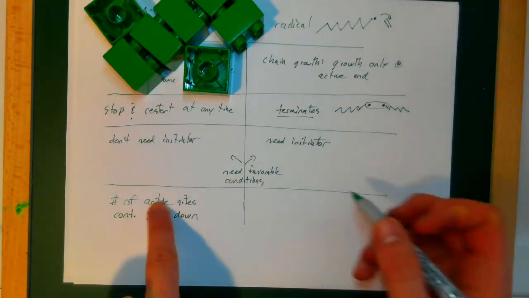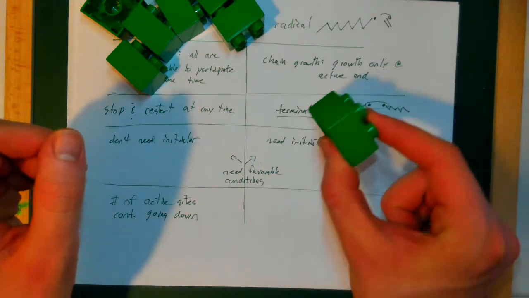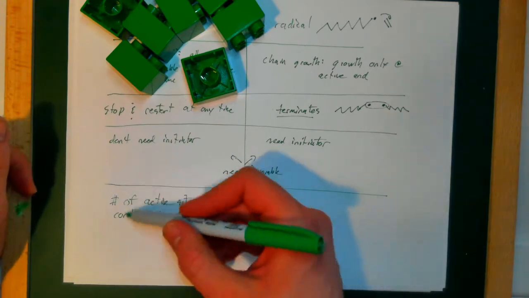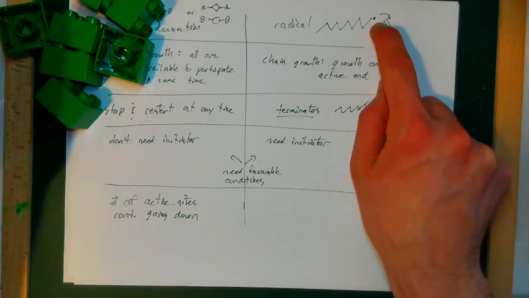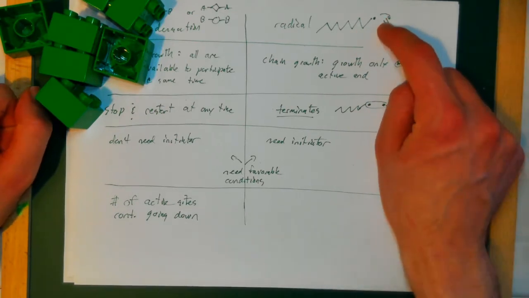So the idea of the number of active sites, the number of potentially bondable but as of yet unbonded reactions that could occur, these active sites are basically going down. Whereas with radical polymerization, monomers are hopping on, and there's still that radical right there.